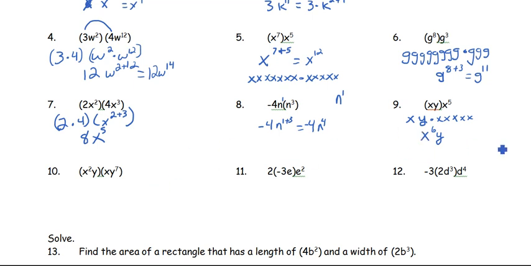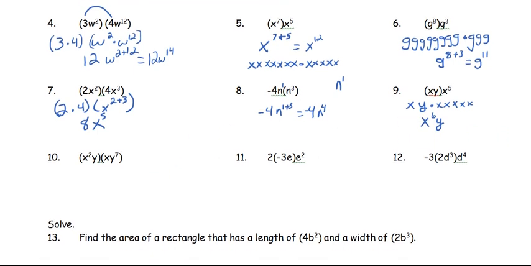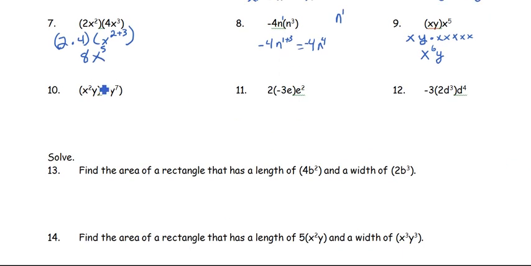All right, number 10. We're going to do this with 2 variables. So I have x, x, y times x, 1, 2, 3, 4, 5, 6, 7.